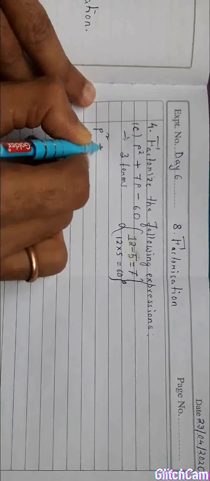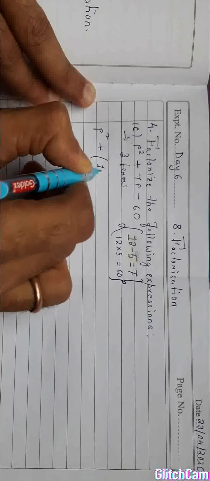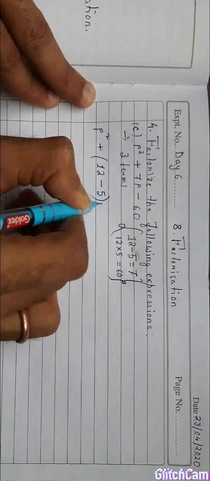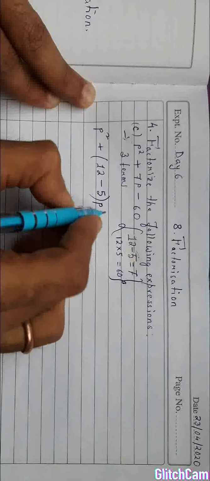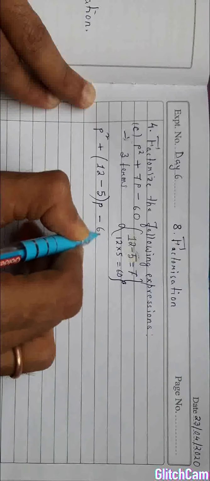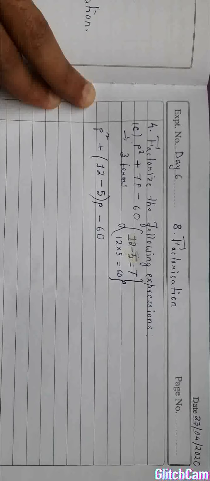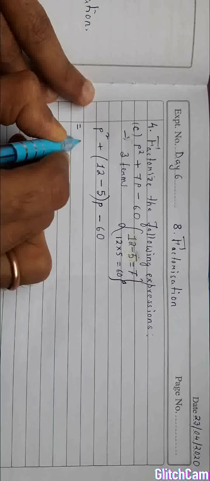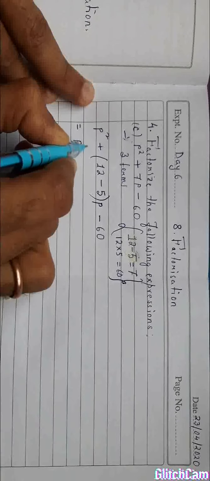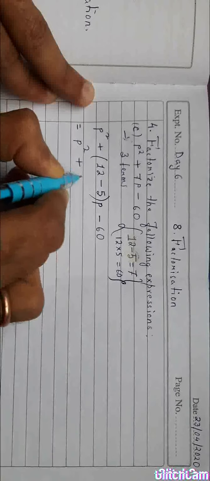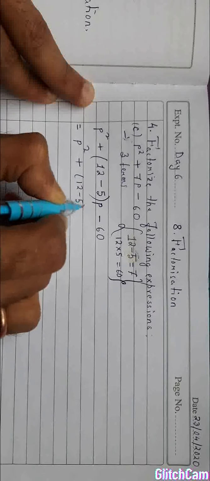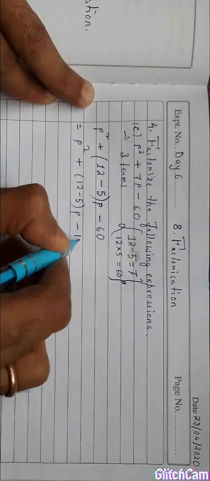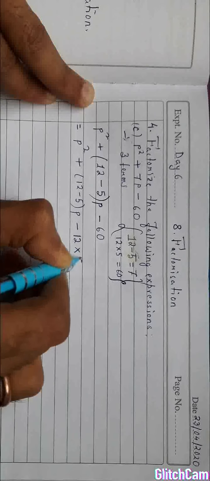P square plus 12 minus 5 within bracket, then outside p, minus 60, which can be written as p square plus 12 minus 5p minus 12 into 5.